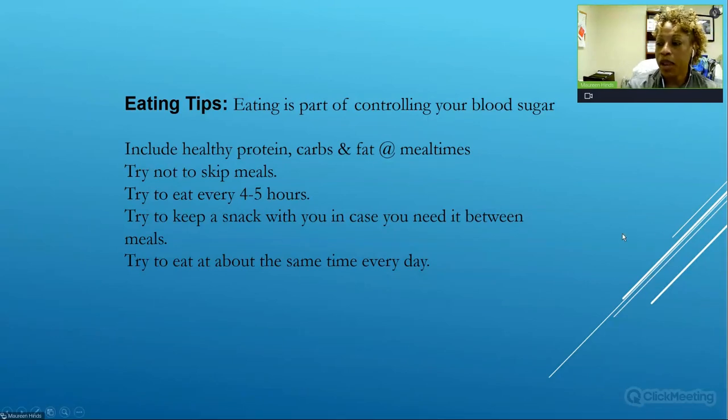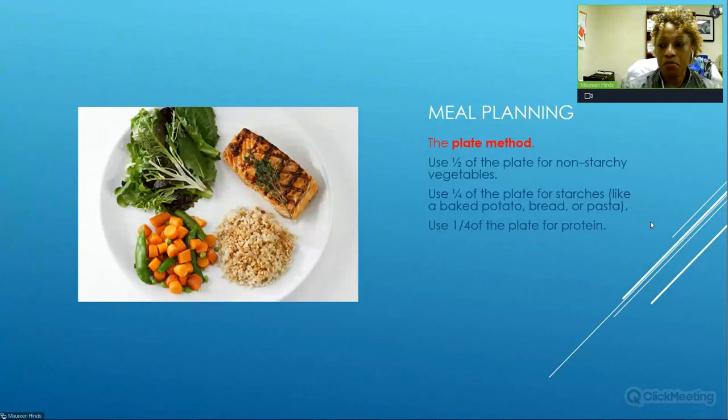So, healthy meal planning. What does a healthy meal look like? So, we always refer to, when we're talking about diabetes meal planning, the plate method, right? And the plate method is pretty much where you have a plate.